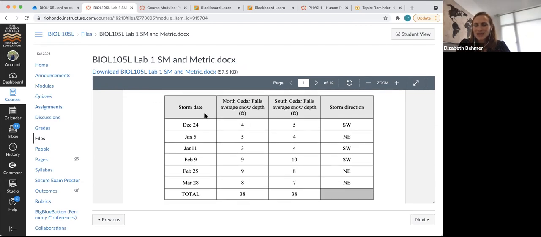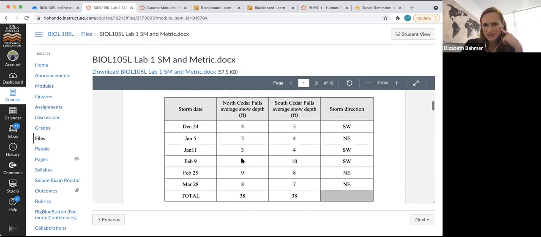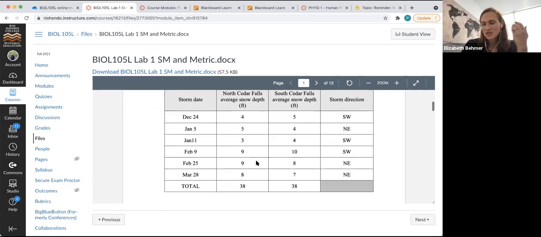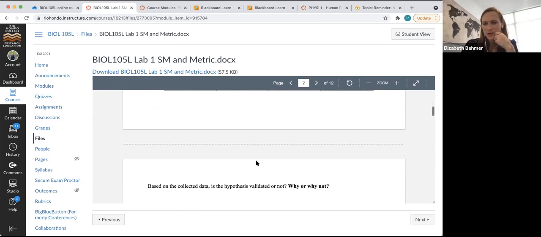It gives you the date of the storm and the average snow depth on that date for North Cedar Falls and South Cedar Falls. It has the total at the bottom to show the total snowfall over the course of a winter. Then you'll go through the questions below.